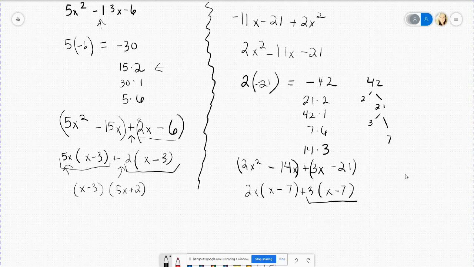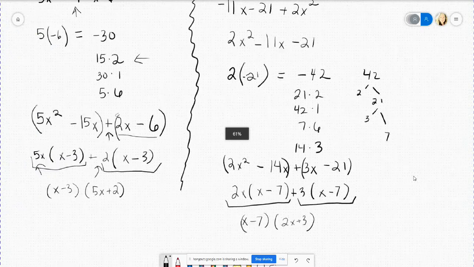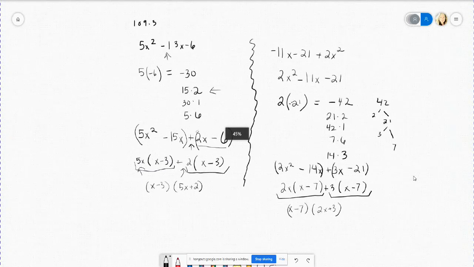Okay, what is common in this term and this term? Okay, and then we have 2x plus 3 left over as the other factor. All right, I'm going to save this. Why don't you go ahead and do B on your own?